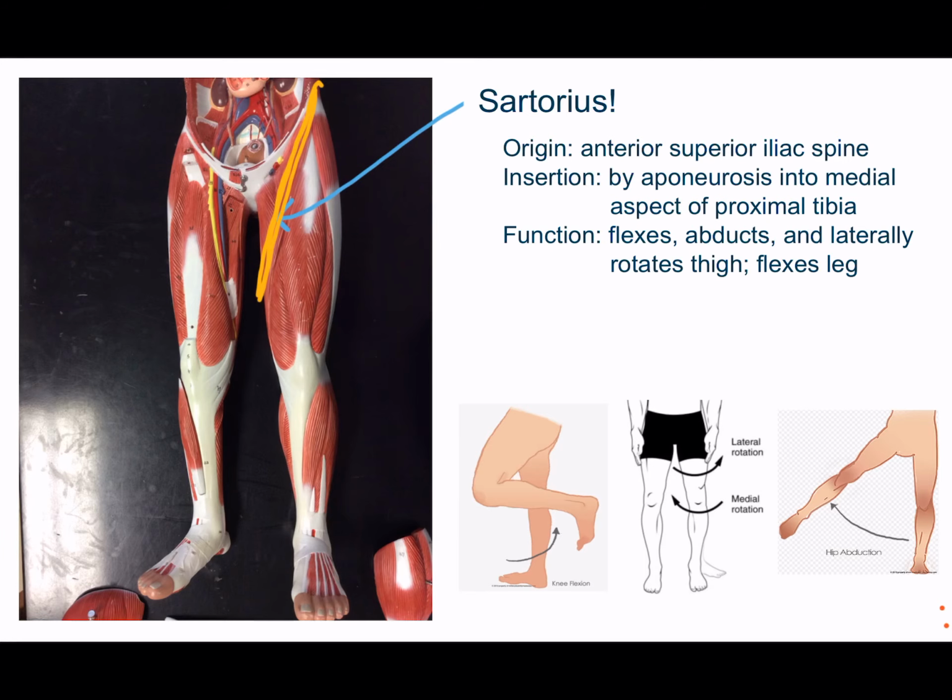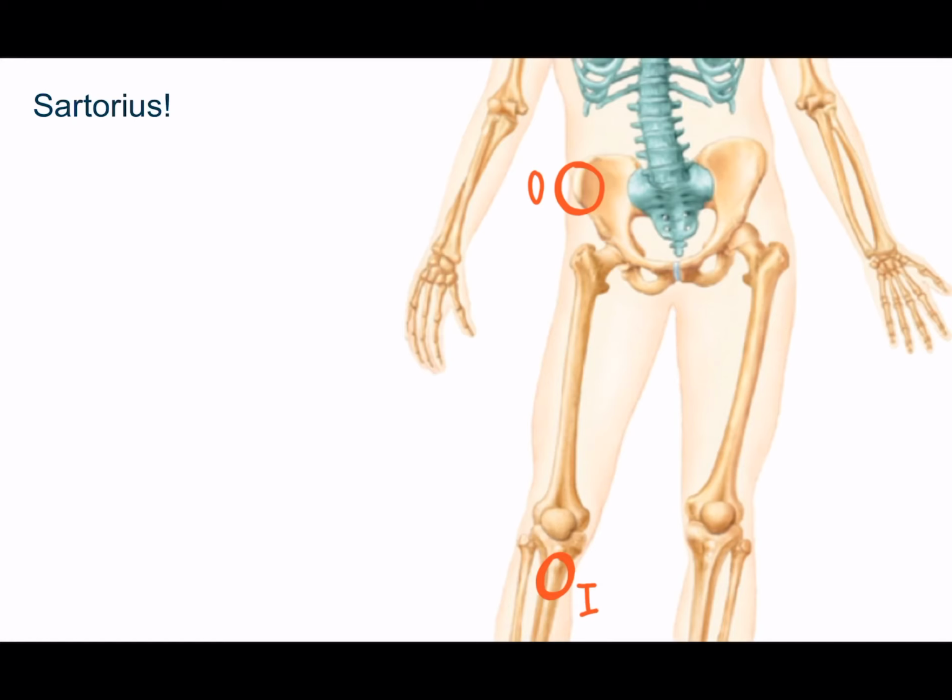It's going to insert by an aponeurosis, which is a connective tissue sheet, into the medial aspect of the proximal tibia. It's going to be down here. It's going to flex, abduct, and laterally rotate the thigh and flex the leg. So you see your sartorius kind of traverses this whole thing and inserts. It's just going to traverse across from your hip to your knee.